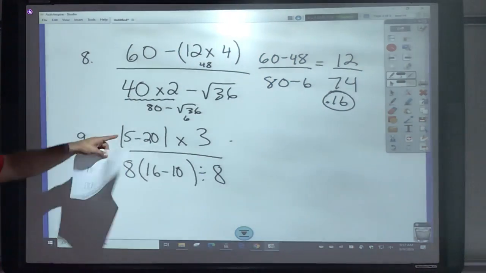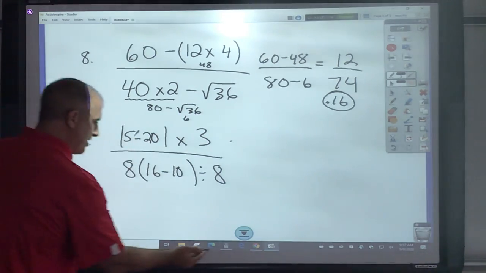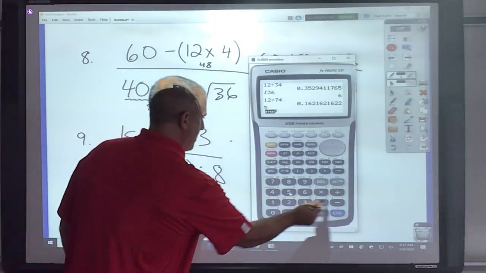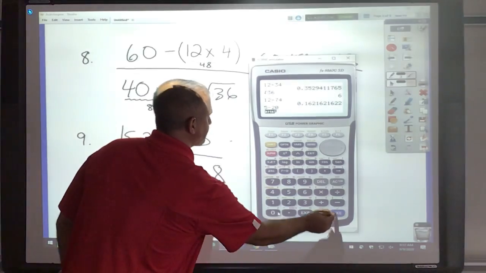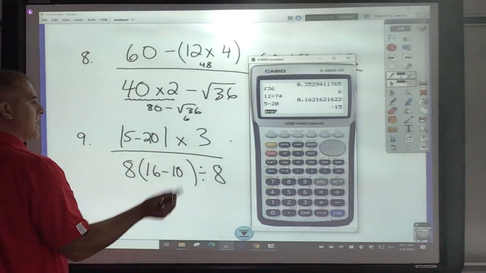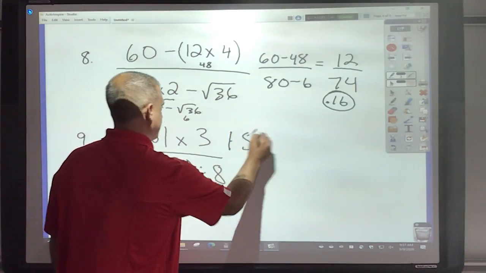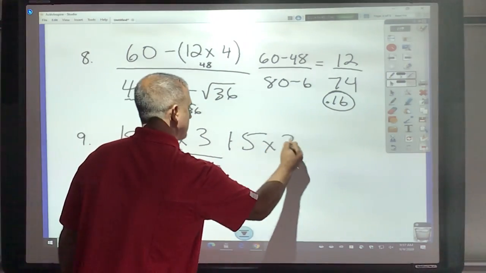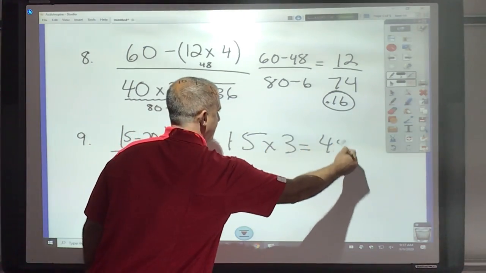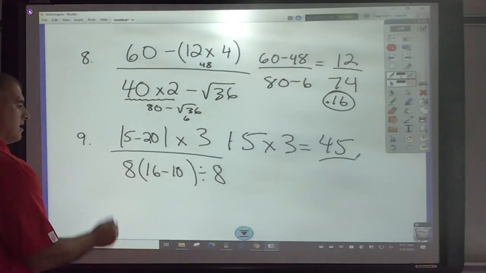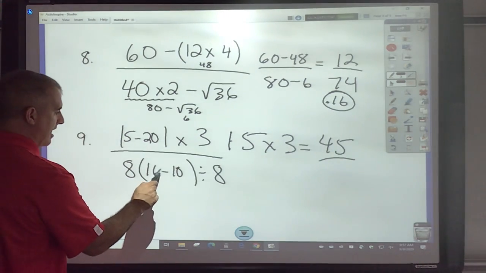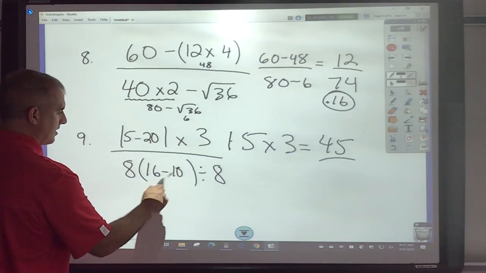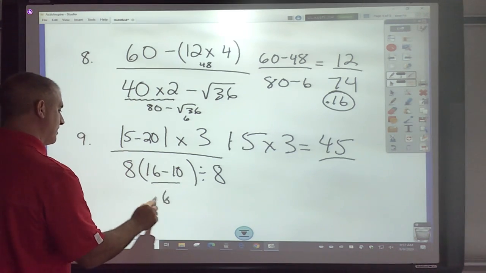All right, so here I got my absolute value, so I'm going to treat that top part like a parenthesis. 5 minus 20 is negative 15. The absolute value makes it positive, so positive 15 with a times 3 would give me 45 for the top, okay? Now this one, I would want to handle the parentheses first, so 16 minus 10 would be 6, okay?